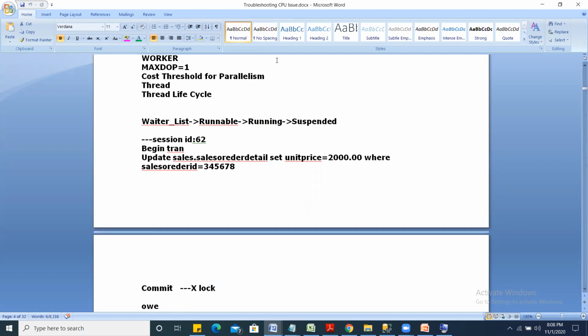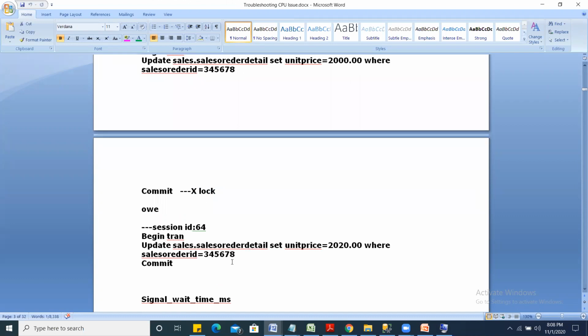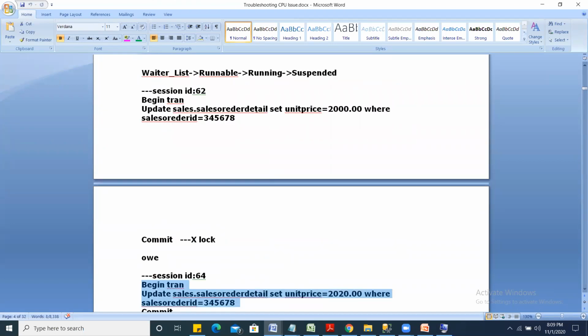So now see here, while this query or this thread is waiting for this resource, the 5 pages, to be free, right? It was assigned a time of 4 ms to execute, but it is waiting for the resource. So voluntarily, this thread will put itself into suspended state. What does it mean when it voluntarily puts itself into suspended state?